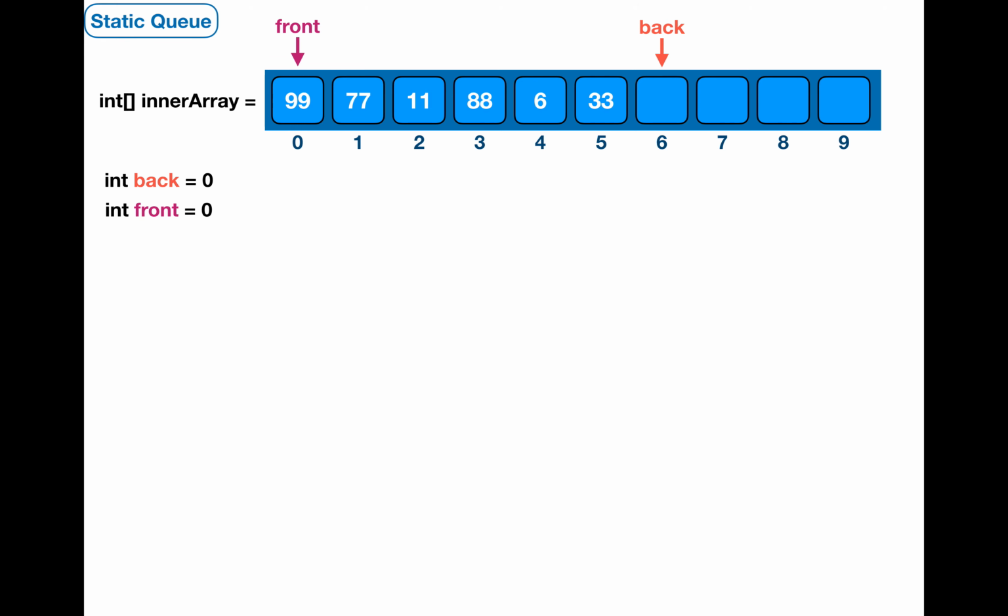Now, by having 2 variables, we're able to use back to enqueue, so we know exactly where the new element is going to be enqueued. And then whenever we want to dequeue, we use front. So we're going to dequeue whatever's at the front. In this case, if we dequeue, we're going to get whatever is at index front, and we are going to move the front to the next spot, and we're going to null the element that we just dequeued.